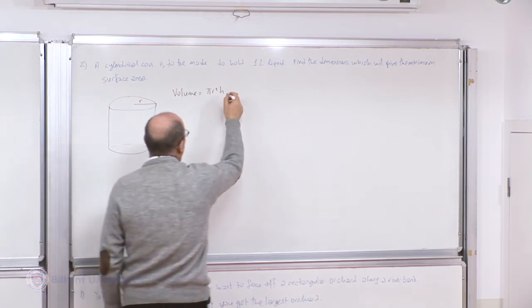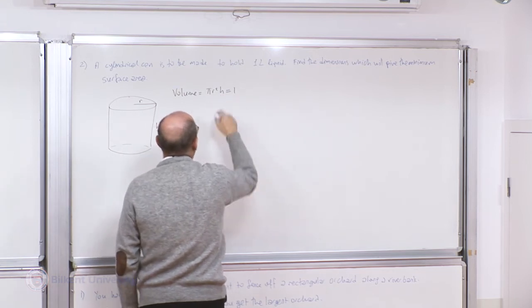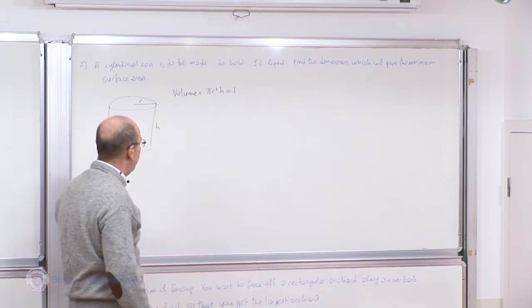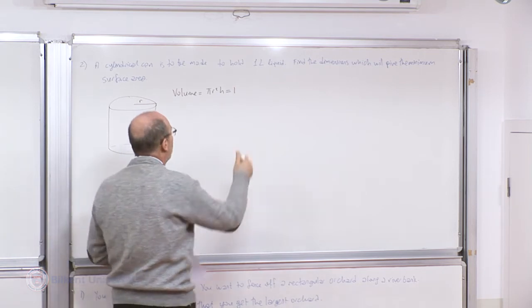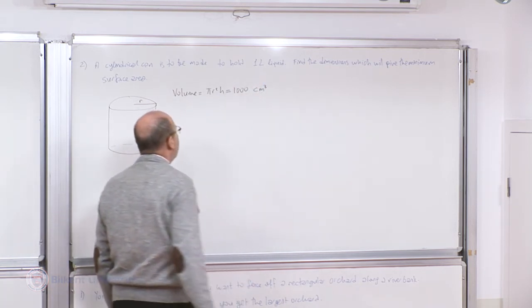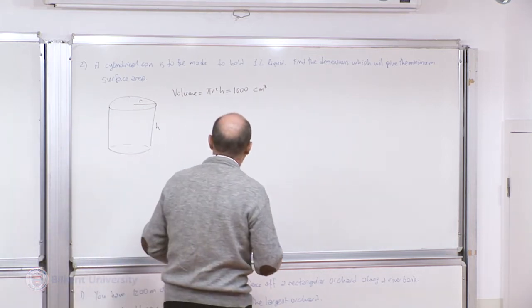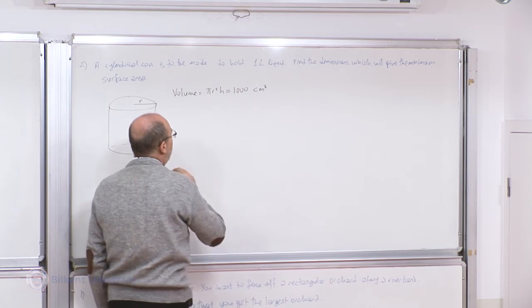We want this to be equal to 1. But then these things will be 0 point something, etc. So we make this 1,000. So this is 1,000 cubic centimeters. Okay. So from here we can solve one in terms of the other.